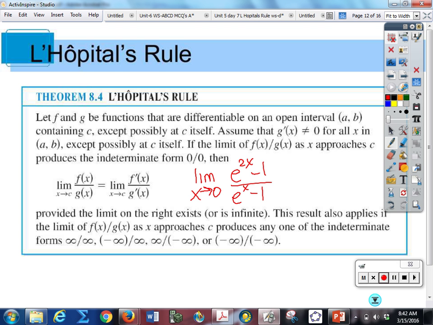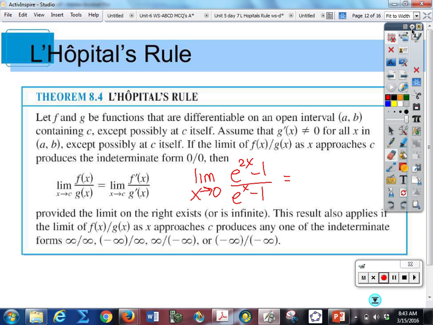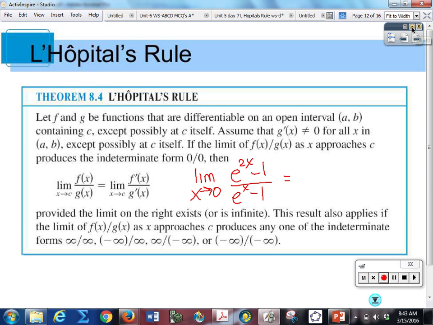So in this one, if I plug in 0, I get e to the 0, which is 1, minus 1 is 0, e to the 0, which is 1, minus 1 is 0. This is indeterminate form, and they factored it and simplified and then re-plugged it in. But instead of doing that, because I don't want to factor that, if you want to just take the derivative, then this is the same thing as the limit.